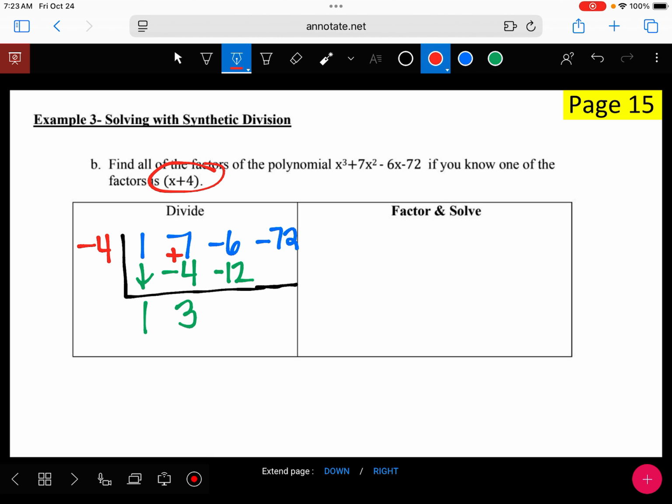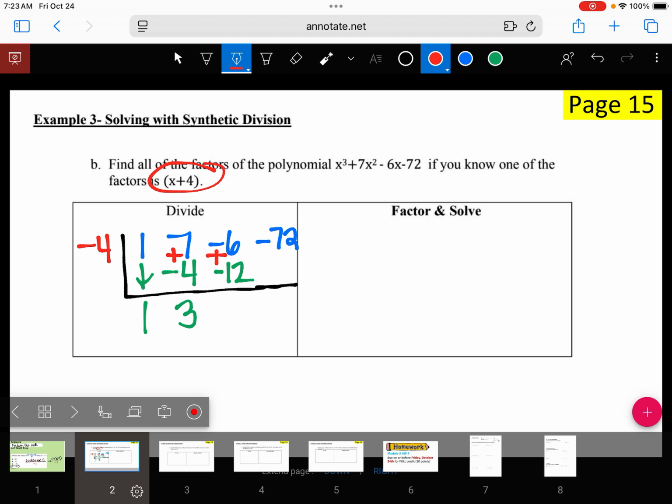And again, you're adding these together. So in your calculator, you're going to take -6 plus -12. And you get negative what? 18, good.